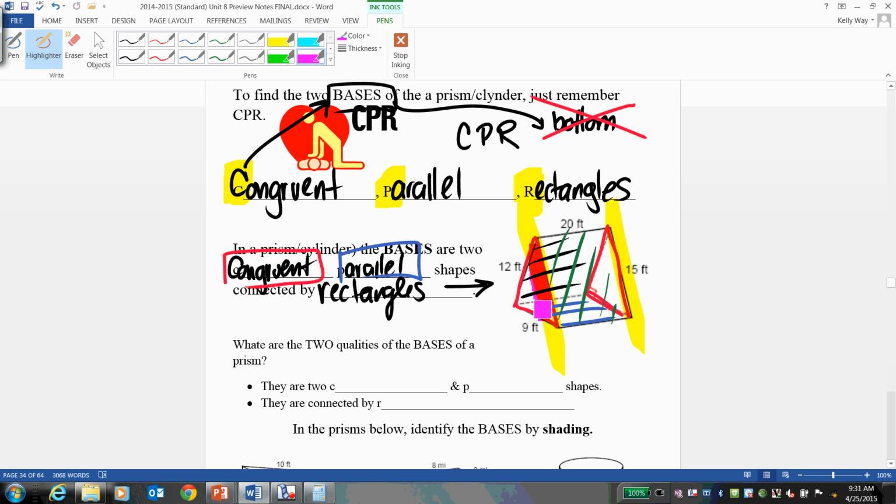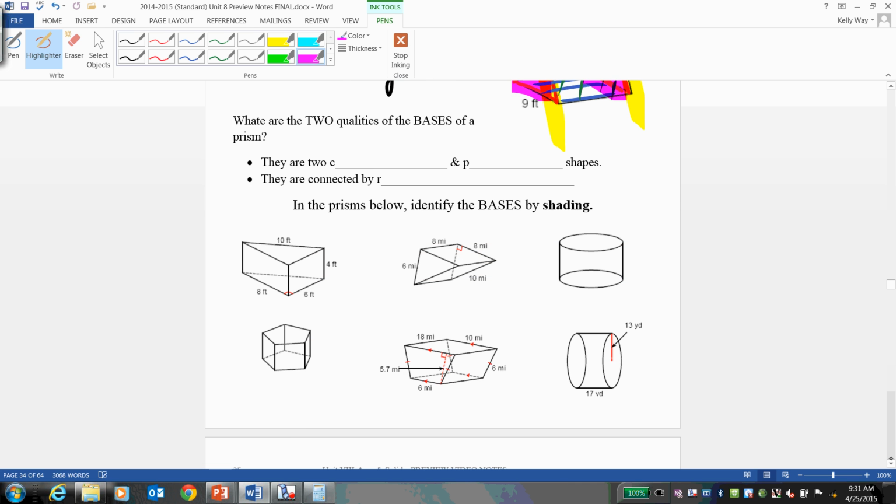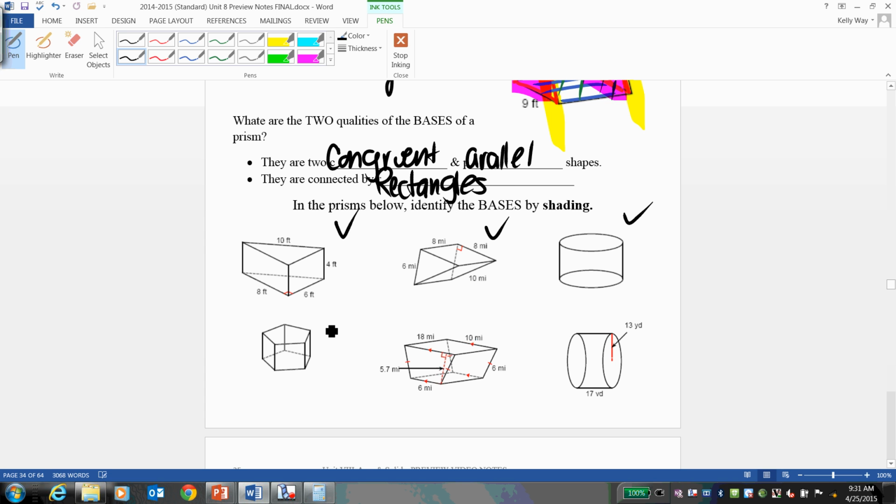So your bases are these two shapes. Let's recap those qualities. They are congruent and parallel, and they're connected by rectangles.